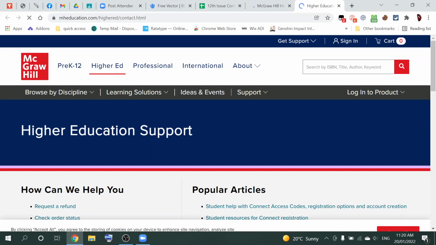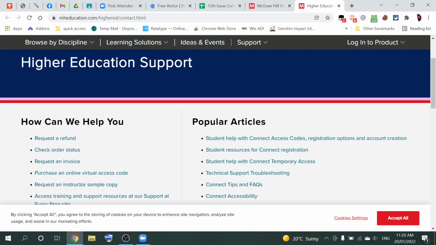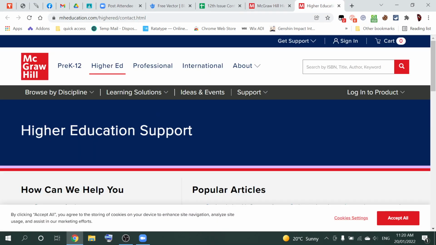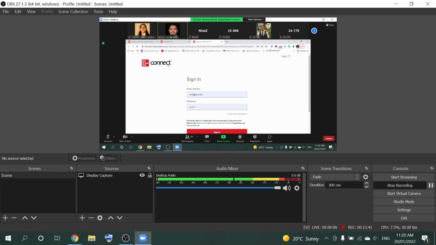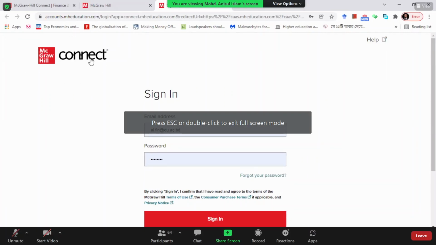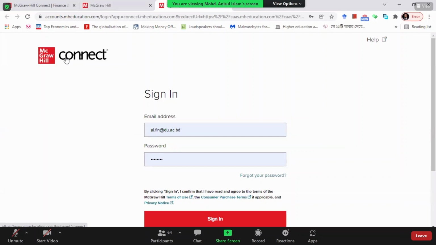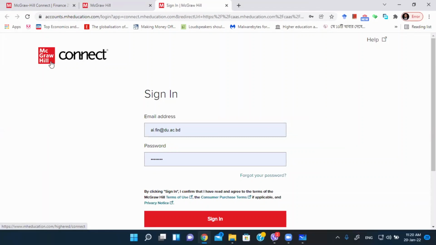Sign in and create an account, as I have created my account; that's why I'm seeing this screen. I'm asking you to make a student account using your official email ID on this site, and you will have some resources for this text available to you.